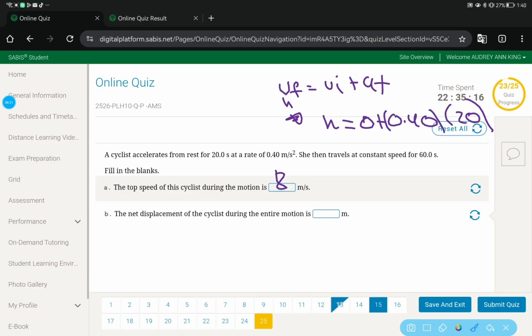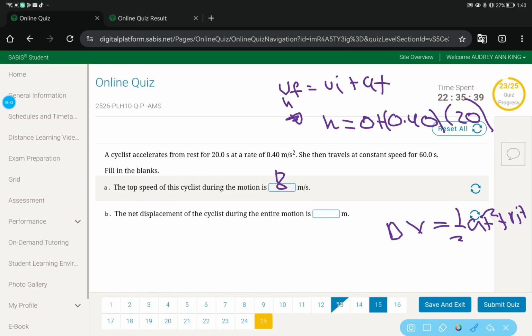And the displacement of the cyclist during the entire motion is what? We need to first calculate the displacement during the acceleration phase. We can use the formula half a t squared.